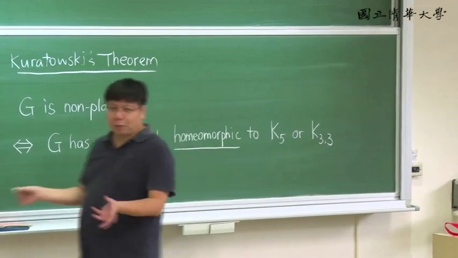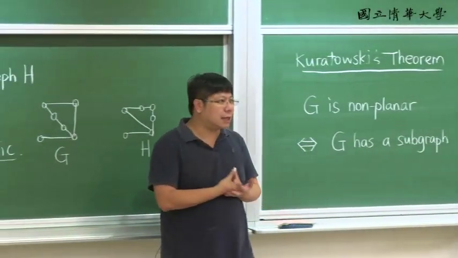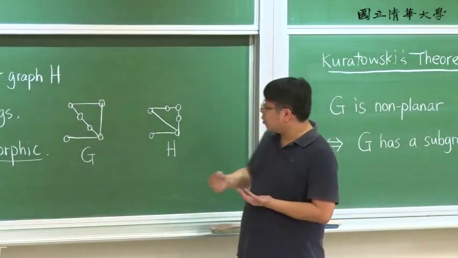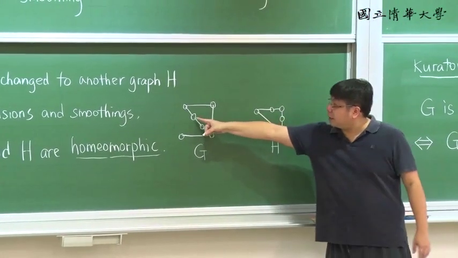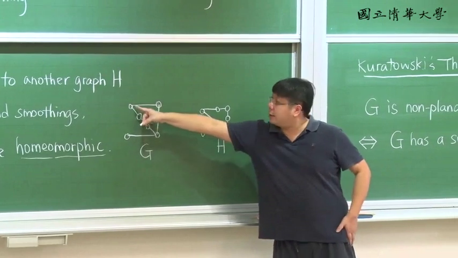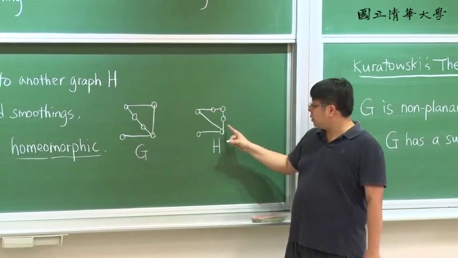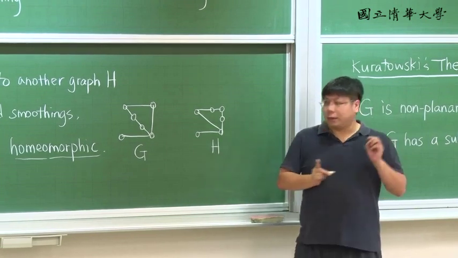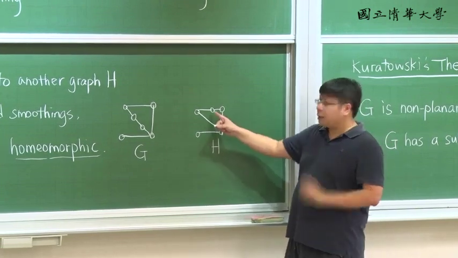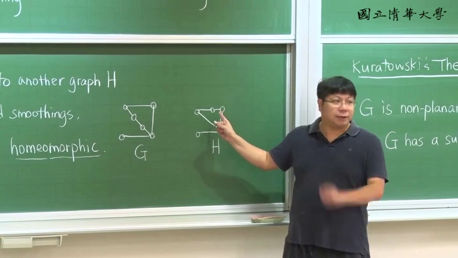Now, what is the meaning of homeomorphic? It looks like we are just simply adding a vertex between the edge. Is that okay? So by intuition, it does not change the planarity of this graph.